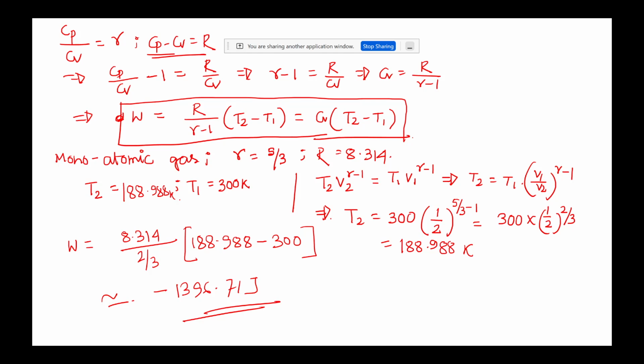So the work done is Cv times T2 minus T1. After the calculations we have to find T2. All the things are given, we find T2, and then we can get the work done.